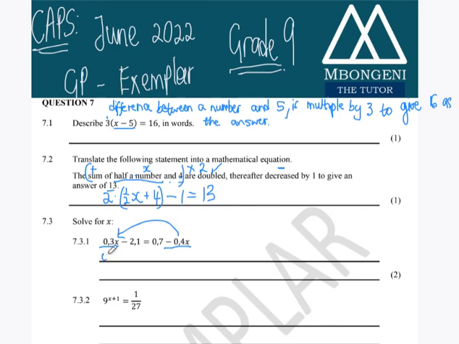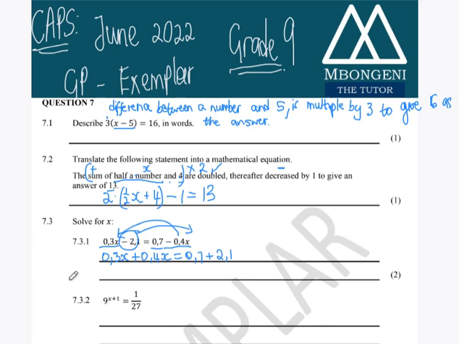So we have 0.3x, and this is a negative. When it goes over the equal sign, it becomes a plus 0.4x equals 0.7. And then when this goes to the other side, it becomes a plus 2.1.